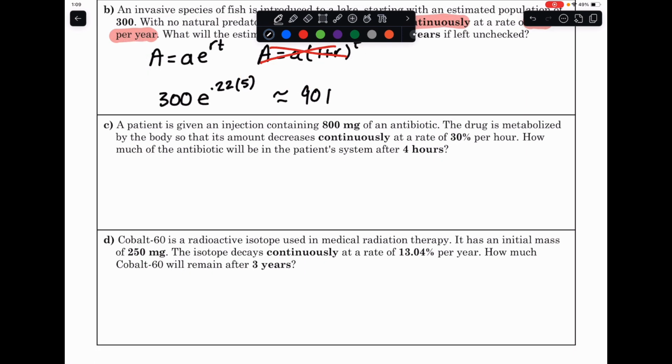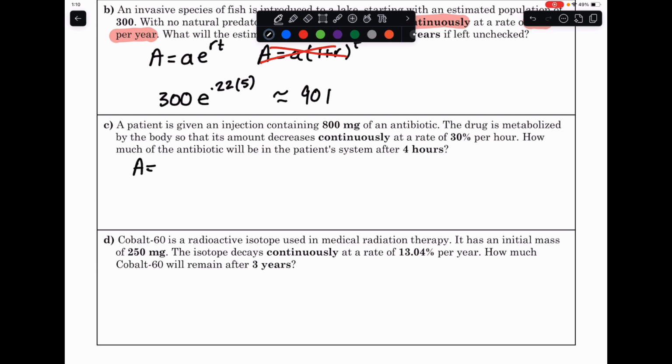Let's now look at a situation where the rate is decreasing. In example C, a patient is given an injection that contains 800 milligrams of an antibiotic. The drug is metabolized by the body, so it's going to decrease continuously at a rate of 30% per hour.